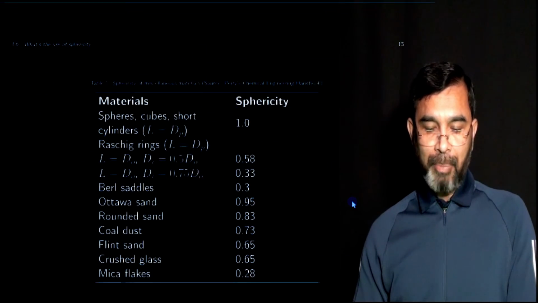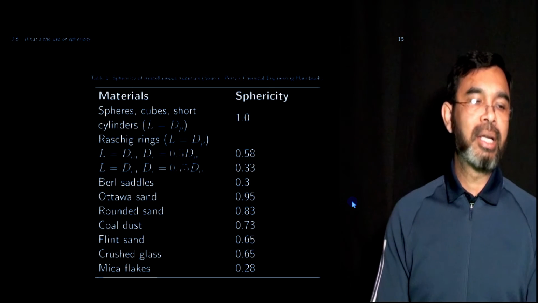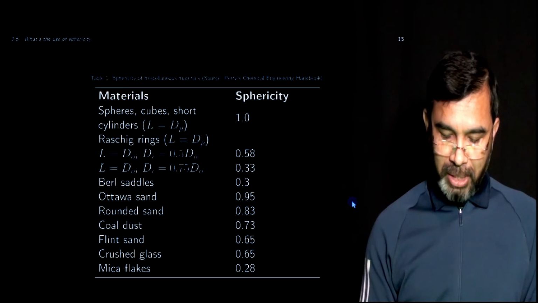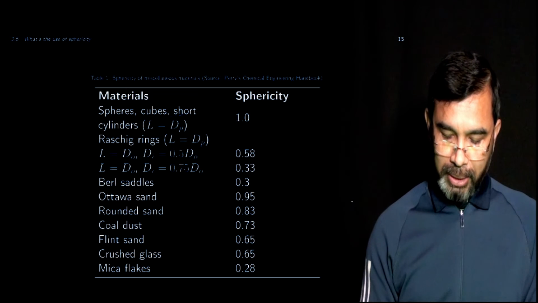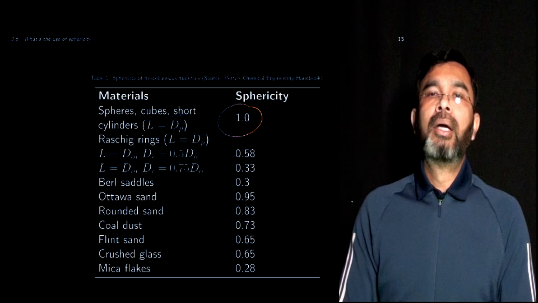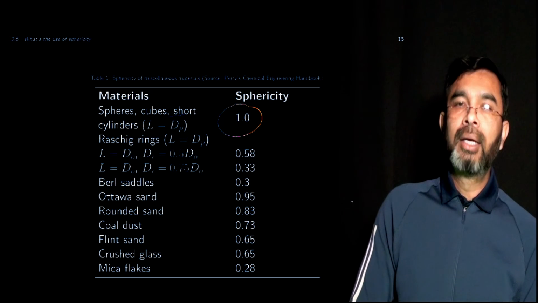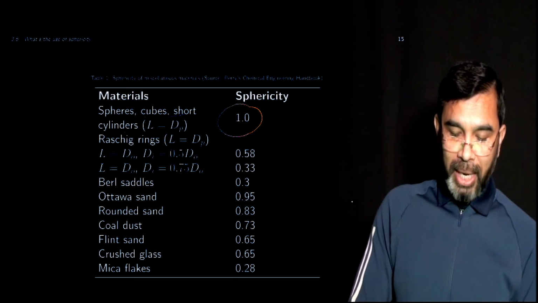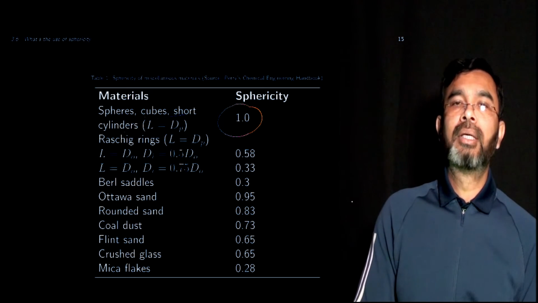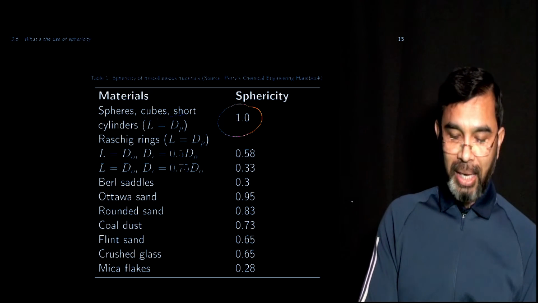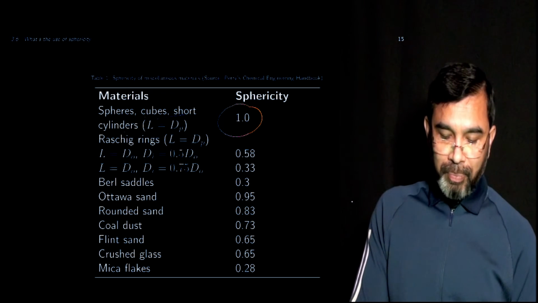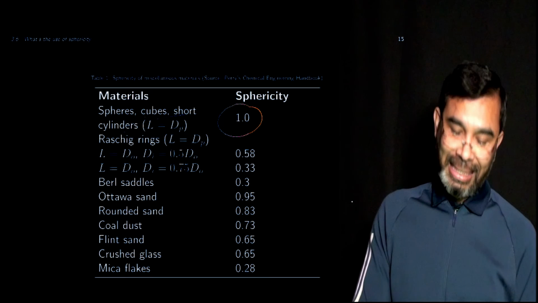Here are some examples of materials and their sphericity. In this example, you see that the sphericity of cubes and short cylinders is 1. This is because the equivalent diameter is defined in an arbitrary way: for cubes the equivalent diameter is defined as the length of one side, and for a short cylinder with length equal to the diameter, the equivalent diameter is defined as its diameter.